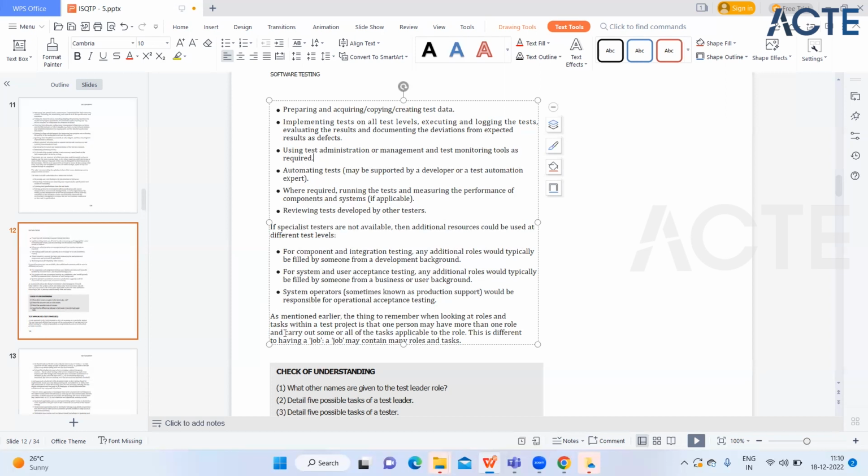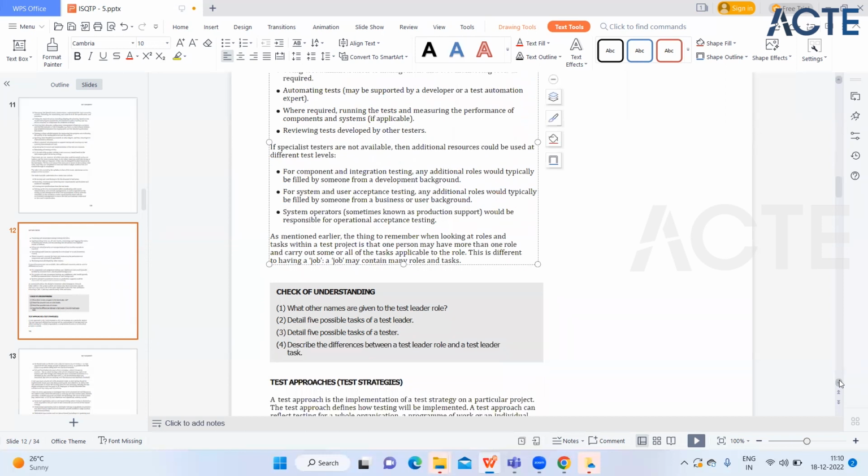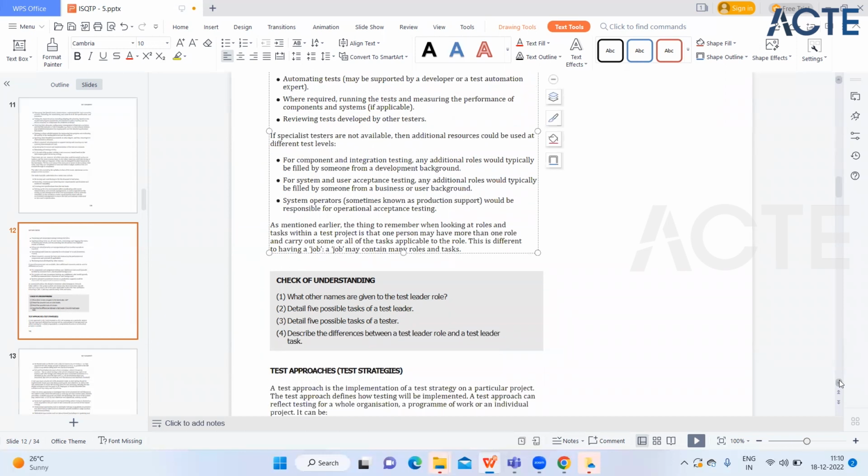Now, system operator, sometimes known as production support, would be responsible for operational acceptance testing. They are just defining the roles here for who can perform this task in a better way. Obviously, whoever has more knowledge of that task, we have to provide the task to them, not everything to the testers.